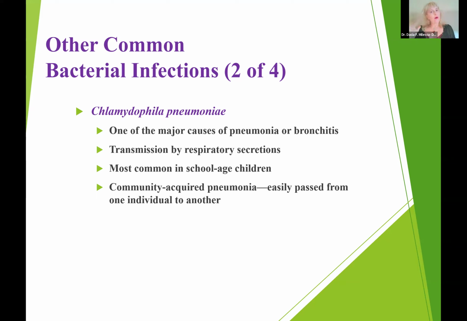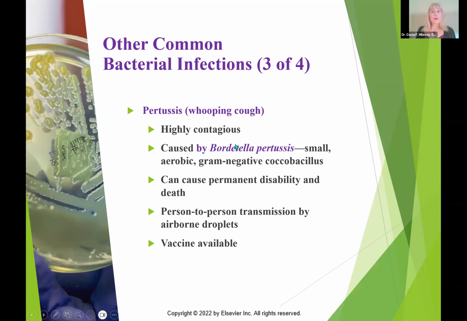Now, it is very serious. It's not something that should be taken lightly. Young school-age children that get this typically will have to be hospitalized for a couple of days and get IV antibiotics. The next one is pertussis. This is a very serious bacterial infection.